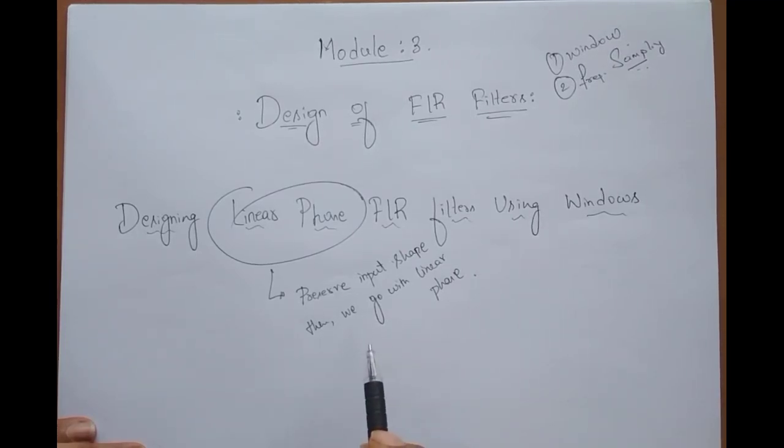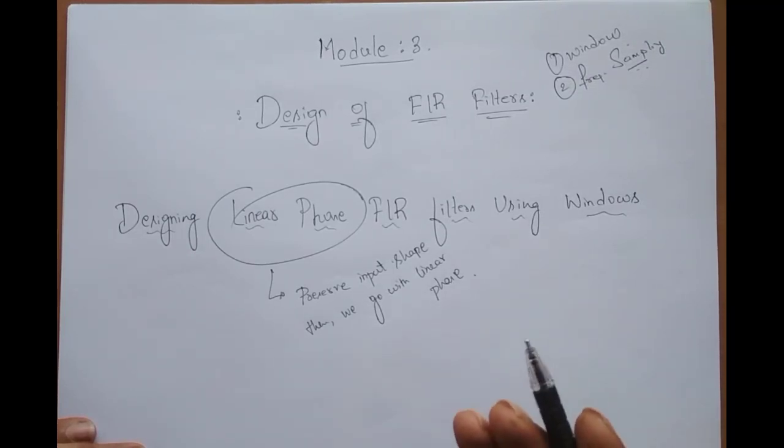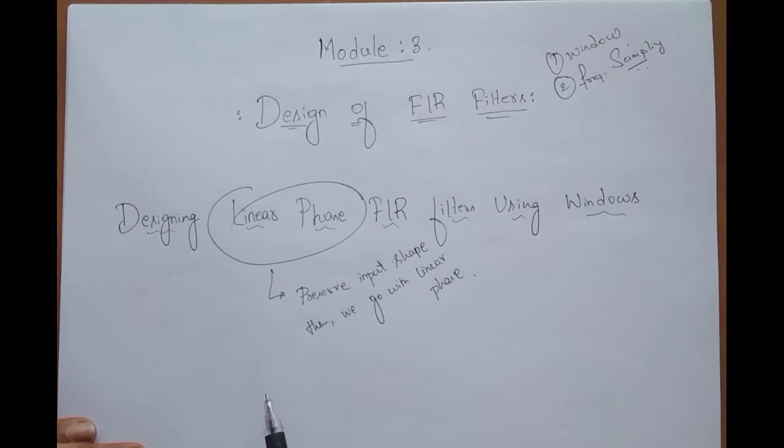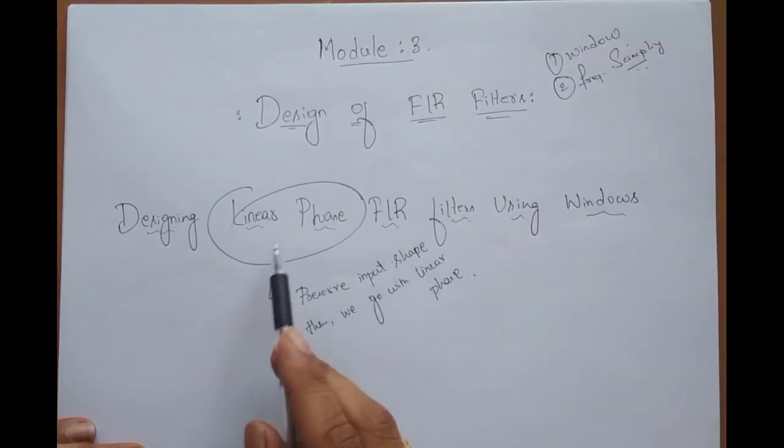So in that kind of case we use linear phase FIR filters. But in communication applications, the shape of the filtered signal may or may not be significant for us. In that case we go for non-linear phase filter design. So non-linear phase filters are IIR filters. FIR filters have linear phase.